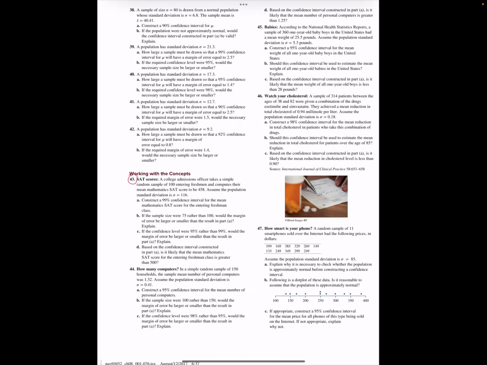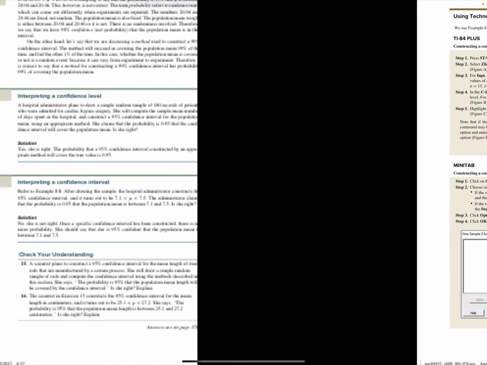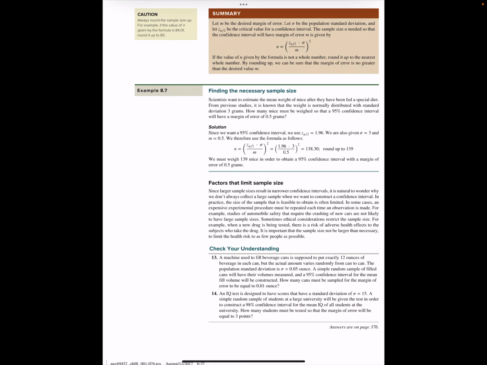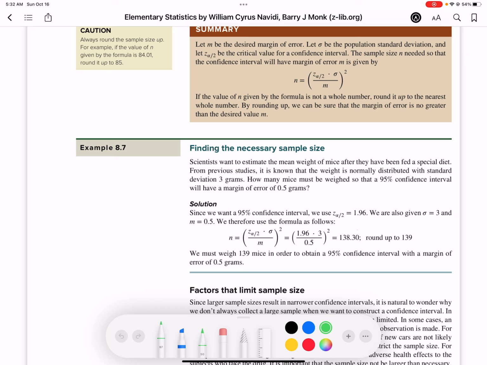So right here in the book we are using this formula. And it says that we need to have a whole number for the sample size. The formula given does not produce a whole number.